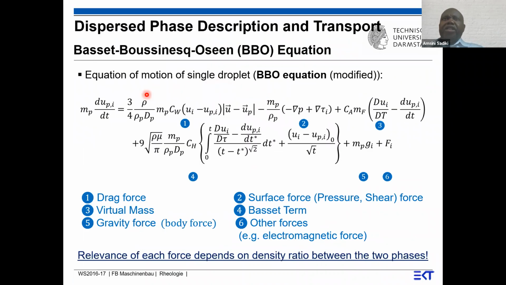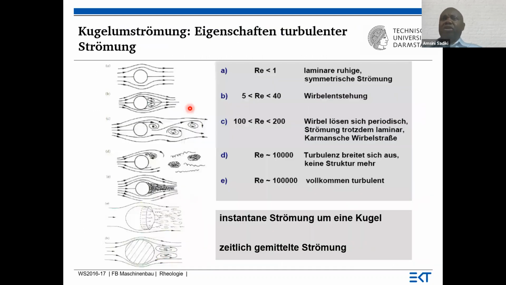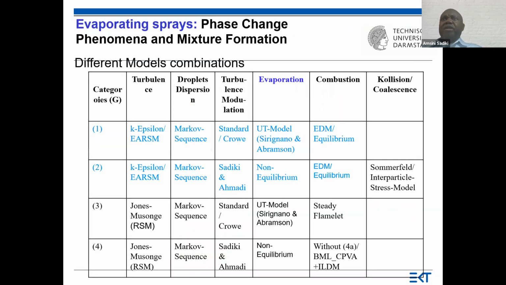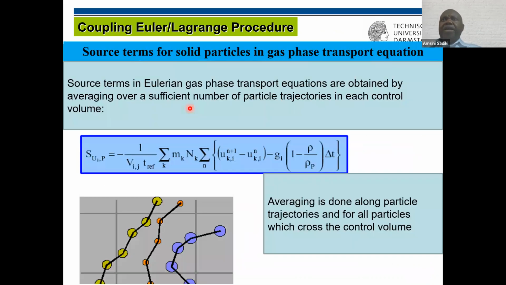So we are here, and in our case, we use only two forces. We use this force and this force, based on their properties we have derived in the model. Here we need the velocity of the flow field, and this velocity will be obtained by solving the Eulerian phase transport equation, the governing equation of the momentum for the Eulerian phase.